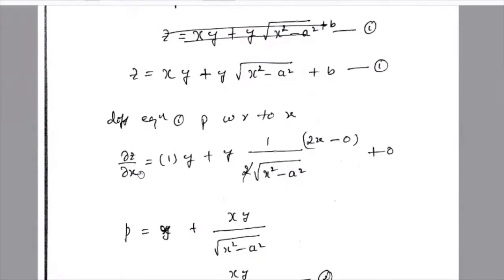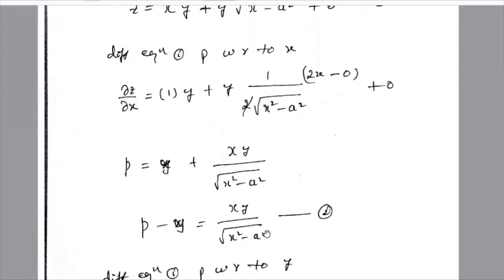That is, dou z by dou x: derivative is 1, y as it is, plus y is a constant, the root of x square minus a square derivative is 1 by 2 root of x square minus a square, x square derivative is 2x, a square derivative will be 0. 2 gets cancelled, so what you will get is xy by square root of x square minus a square. You take this y to the left hand side, it becomes p minus y is equals to xy by square root of x square minus a square.